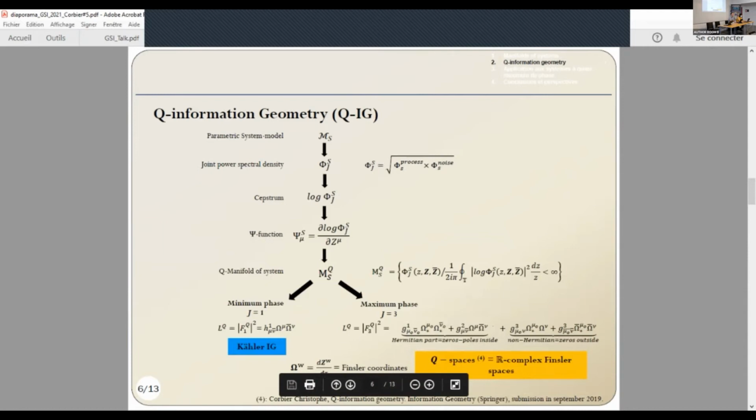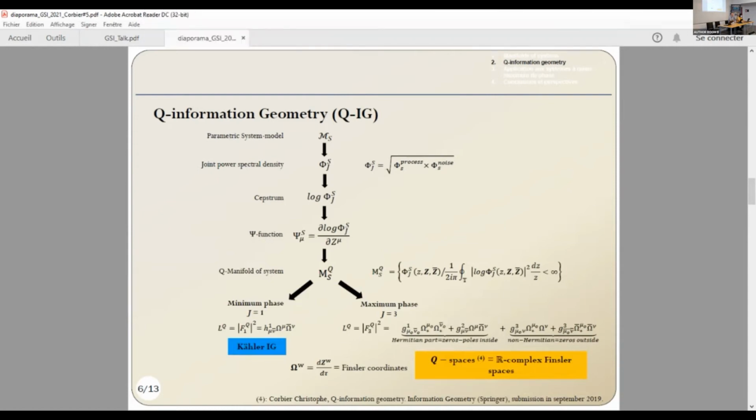In fact, the Q information geometry related to Q space is connected with the complex Finsler spaces theory developed by Munteanu, Purcaru and Aldea in 2010.